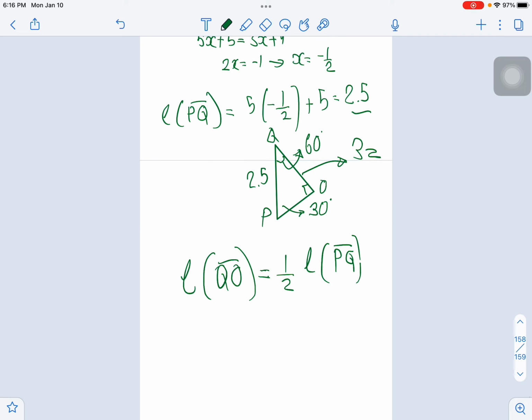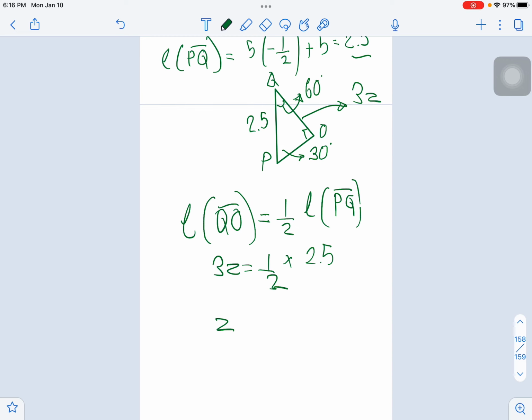And therefore, if I replace QO as 3z, we get 3z equals half of 2.5. And therefore, z becomes 2.5 divided by 2 and further divided by 3, and therefore z turns out to be 0.4166.